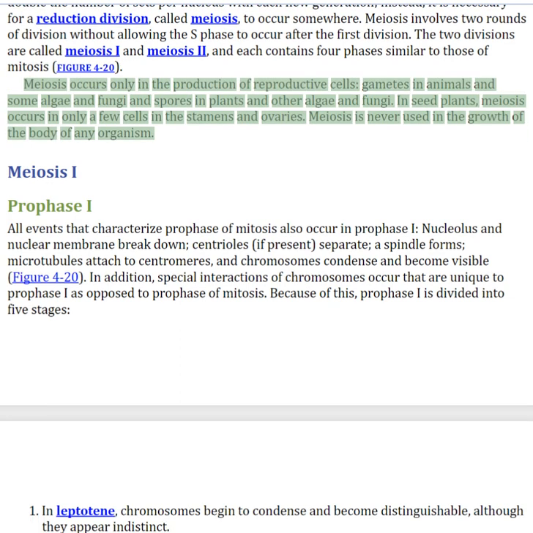Meiosis occurs only in the production of reproductive cells, gametes in animals and some algae and fungi and spores in plants and other algae and fungi. In seed plants, meiosis occurs in only a few cells in the stamens and ovaries. Meiosis is never used in the growth of the body of any organism.